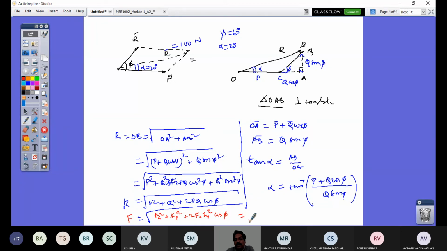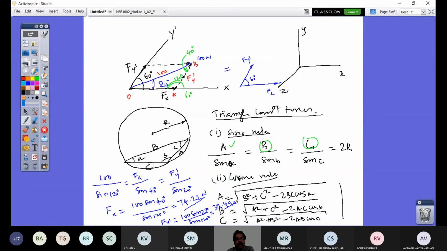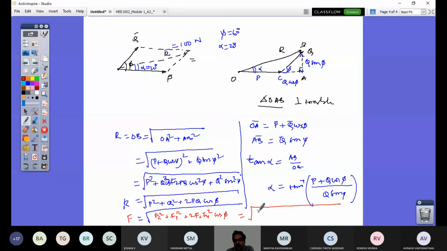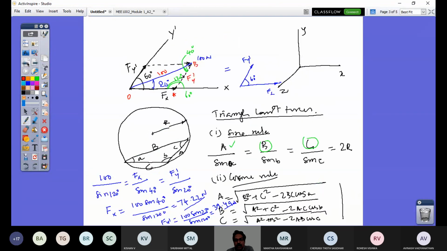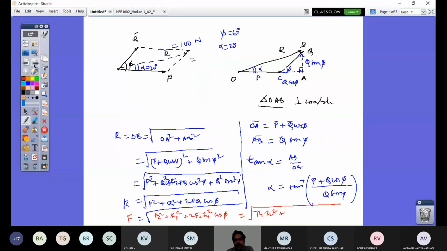So substituting the values, what is the value that we got for Fx? Do you have it written in your notebook? 74.22. So 74.22 square plus, what was Fy dash you got? 39.49.